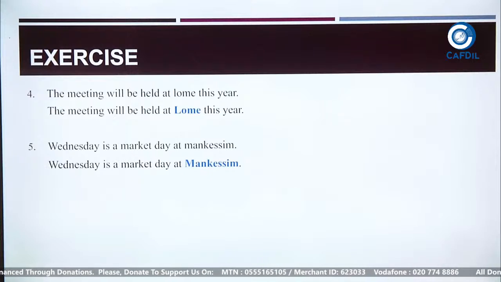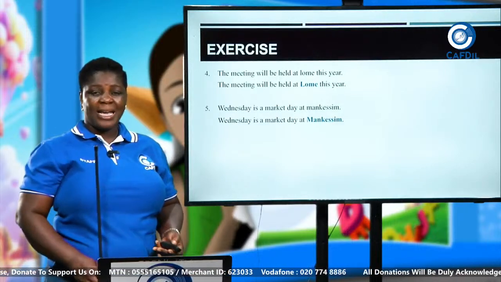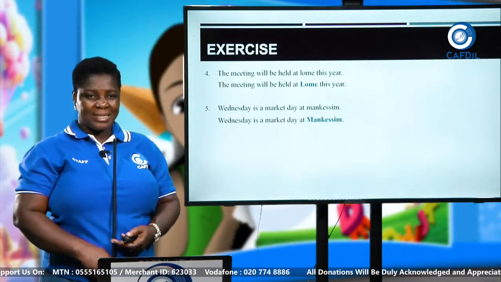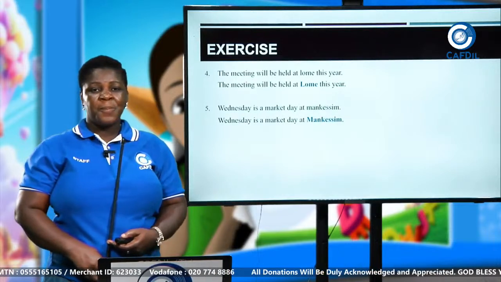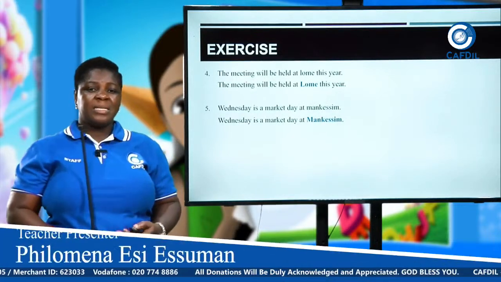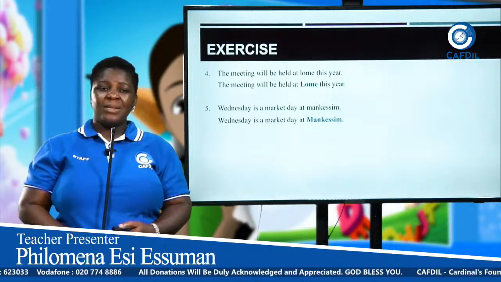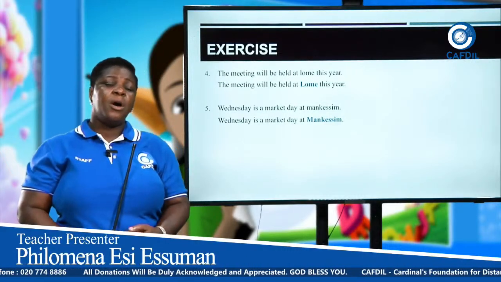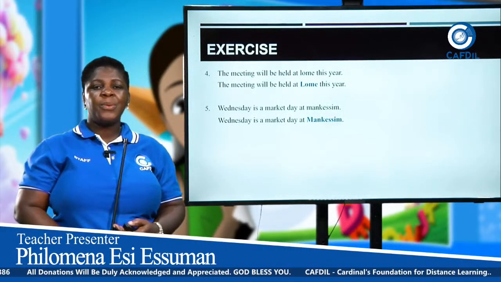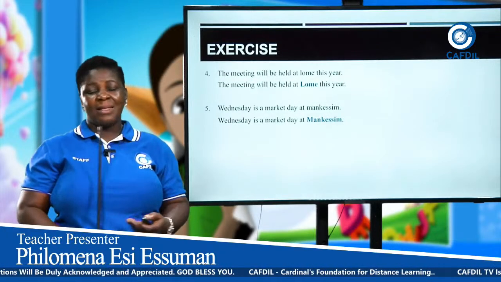All right, learners, I hope you understood this lesson. We are getting to the end of the lesson. Let me go back. I said proper nouns are names of particular people, places, and things.